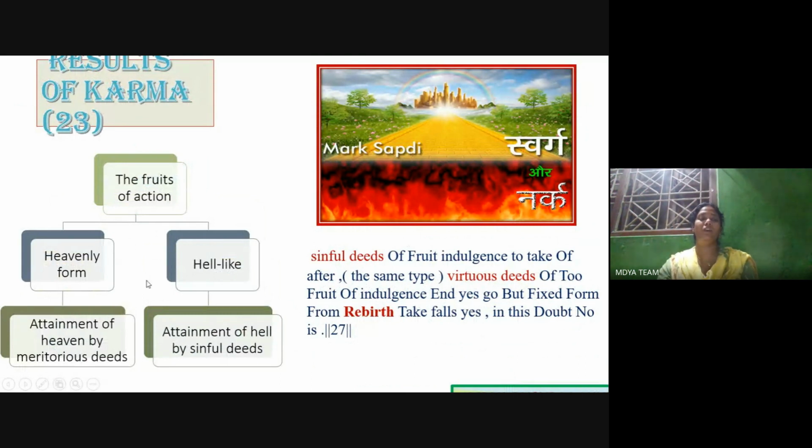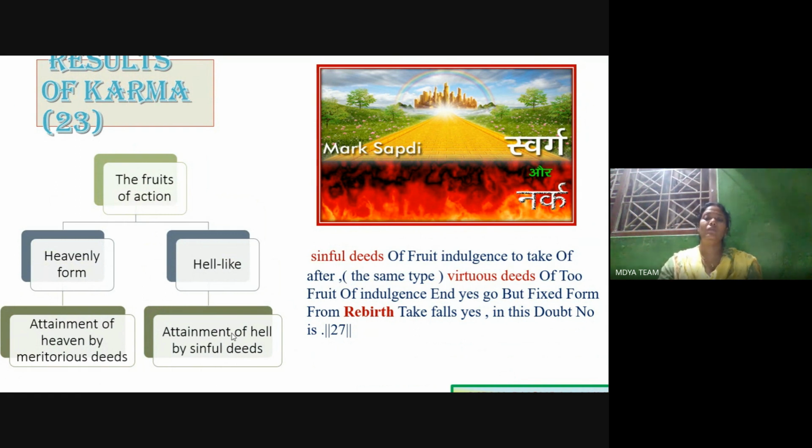So the fruit is of two types. According to Lord Shiva, the attainment of heaven is by meritorious deeds, and the attainment of hell is by sinful deeds. Whatever wrong work you do, you will go to hell, and if you do good work, you will go to heaven.